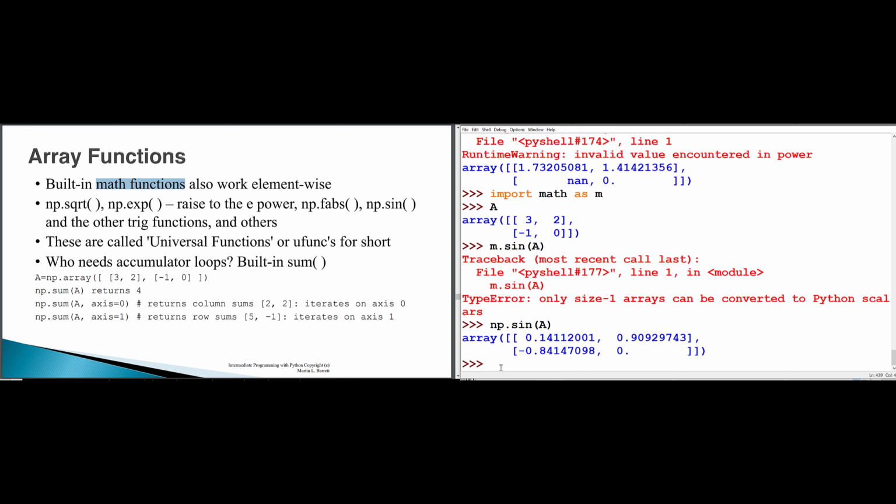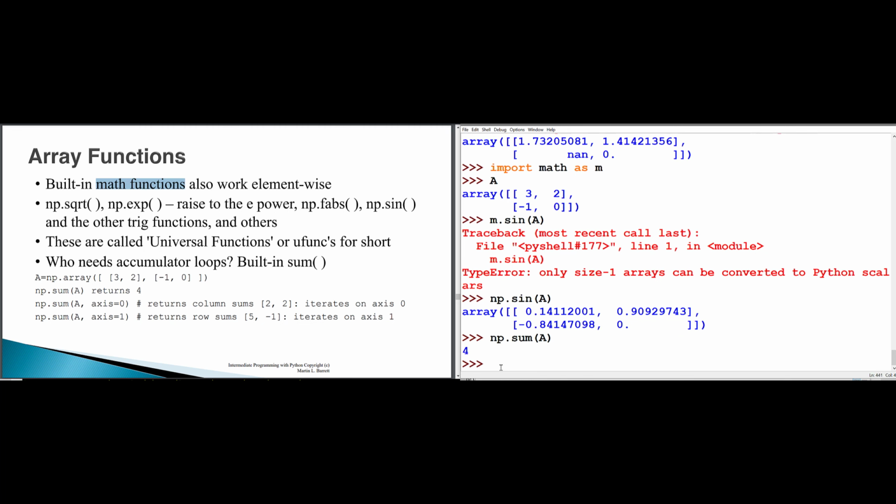Okay. np.sum, by default, will compute the sum of all of the items there. But it turns out that I can use the axis keyword parameter to indicate that instead of doing the whole array, I want to do sums over just the columns or just the rows.